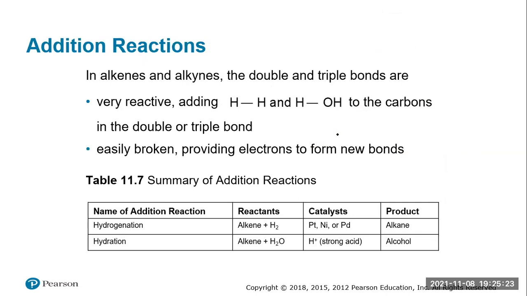Now, there are certain types of addition reactions. There are certain types that are sometimes referred to as a symmetrical addition. And what a symmetrical addition basically means is you're adding 2 of the same.